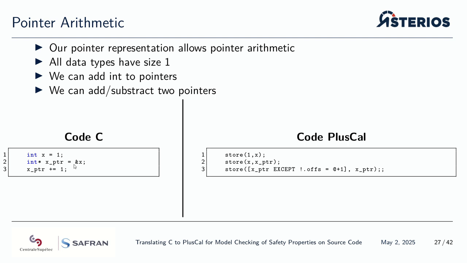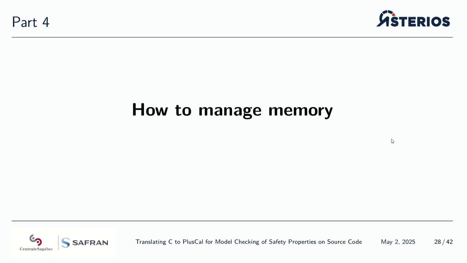For example, here I have a little C code that takes an x pointer and adds 1 to it. How do we do this in PlusCal? We store the value of x into the x pointer, and then we change the x pointer by taking the x pointer, except that its offset will be changed to its offset incremented by 1. This is how we manage simple pointer arithmetic in our PlusCal translation.